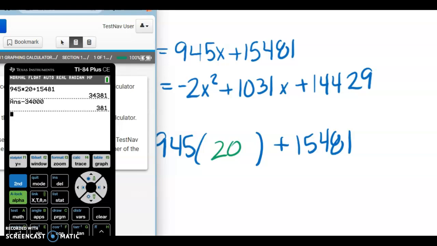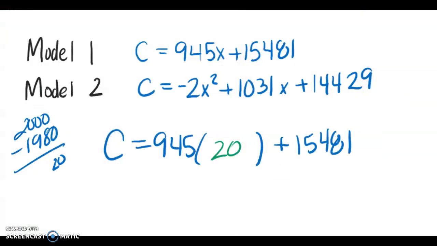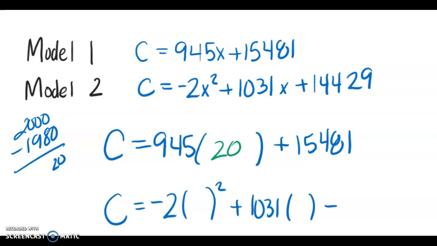Then it says, use Model 2 to determine the cost in 2000 of what cost $10,000 in 1975. So again, I take Model 2, which is listed right there, and the x value would again be 20, because it's the number of years since 1980. In this one, I will put in 20 in two places.